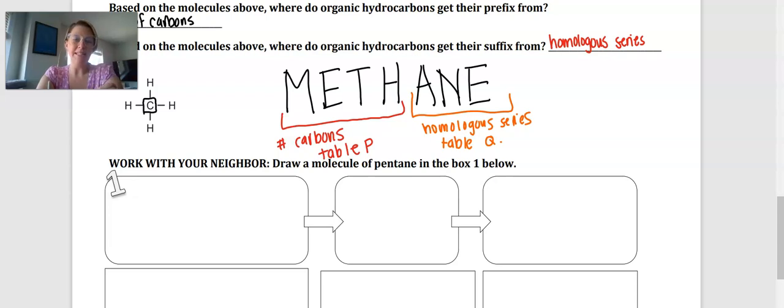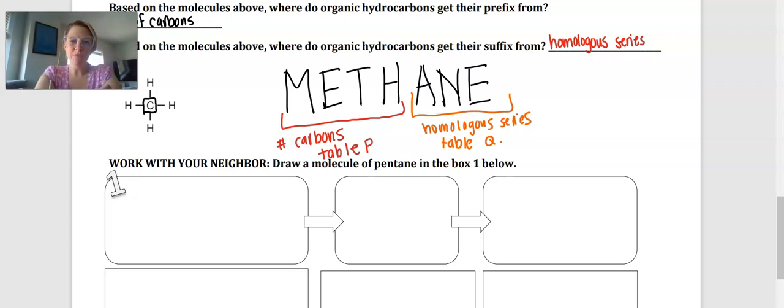We talked about identifying the three different hydrocarbons, alkanes, alkenes, and alkynes. And today what we're going to be focusing on is going from not only the name to formula, but name to structure and being able to draw that structure from that name.